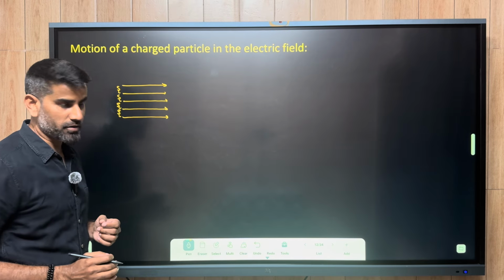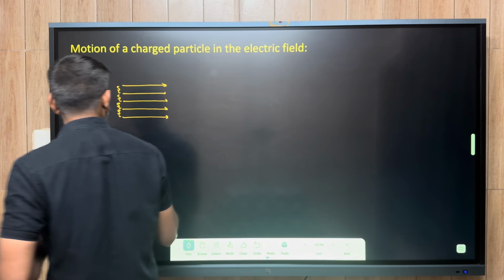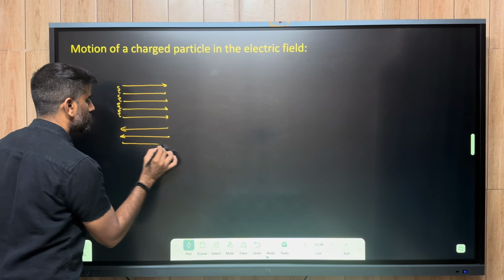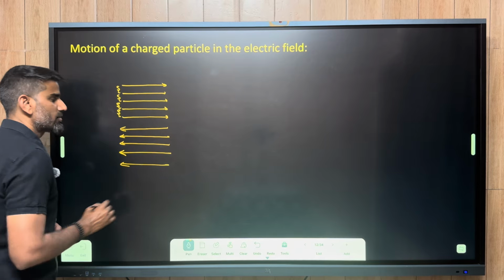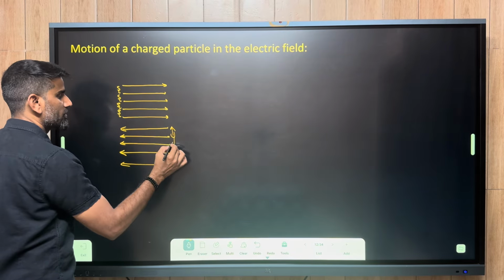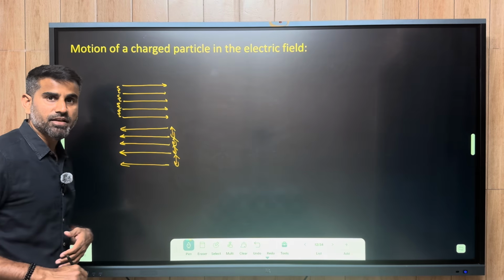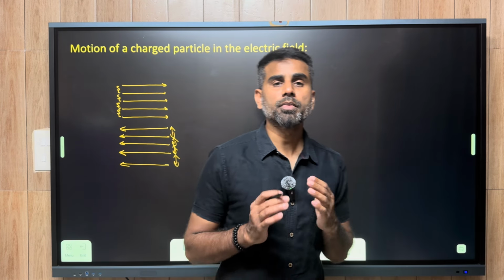This is what we call uniform electric field. However, all the field lines should point in the same direction and spacing between two consecutive lines should be the same. So this is the representation of uniform electric field.